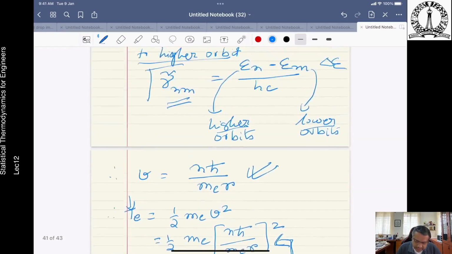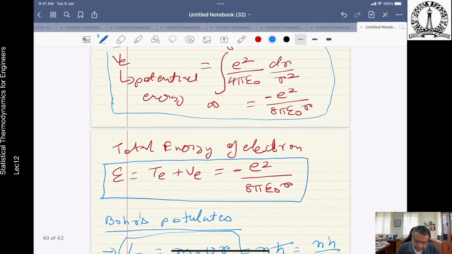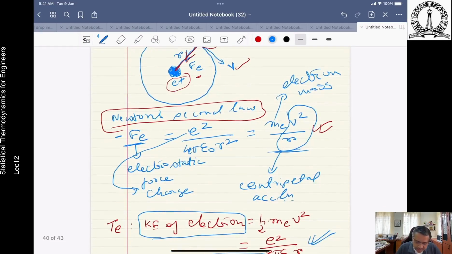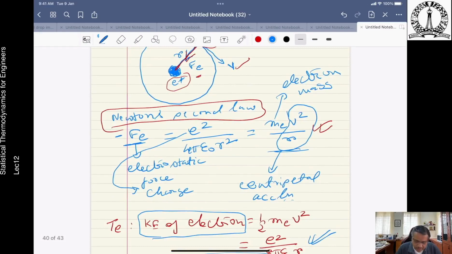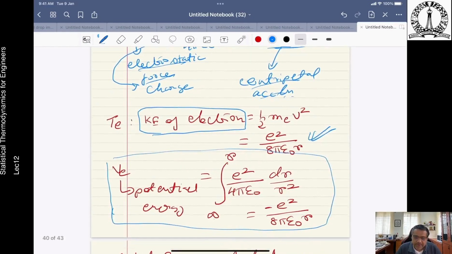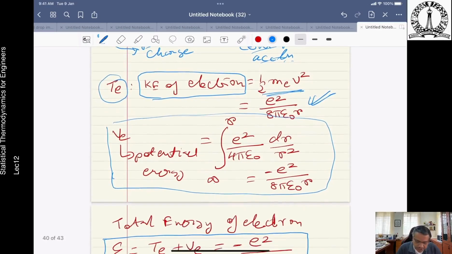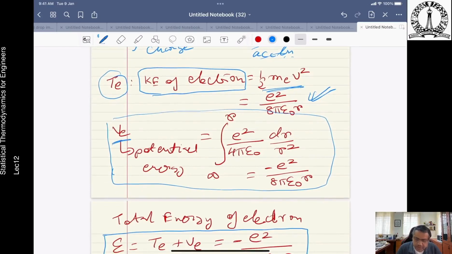So let's do a very quick recap. What happened was that we first cast this very simple system of an electron rotating around a nucleus. We applied Newton's second law, in which the electrostatic force was balanced by the centripetal acceleration. And then we cast the kinetic energy of the electron as given by this, and the potential energy is given by this form.